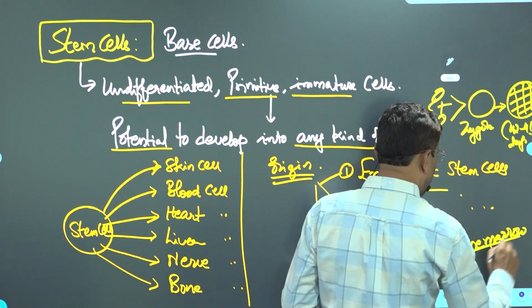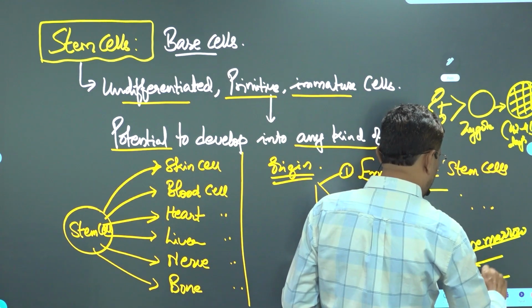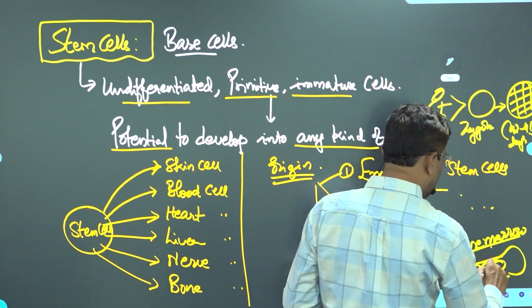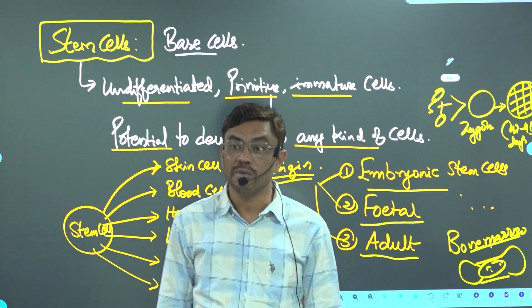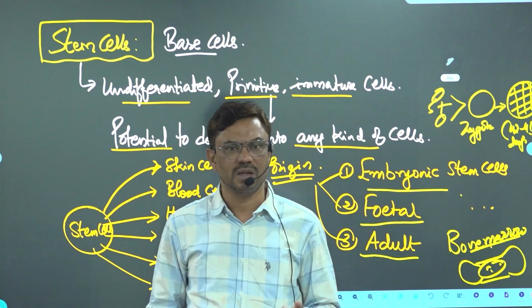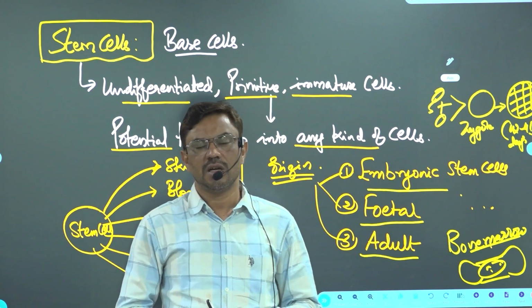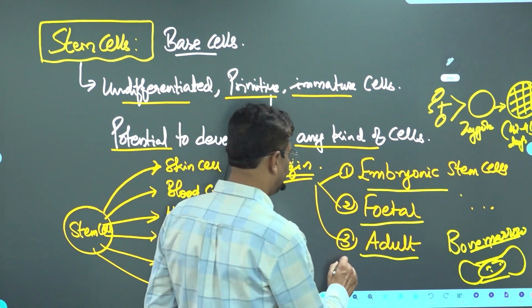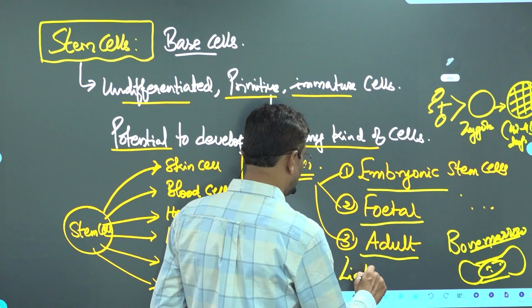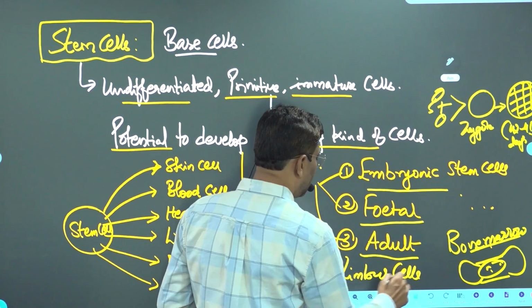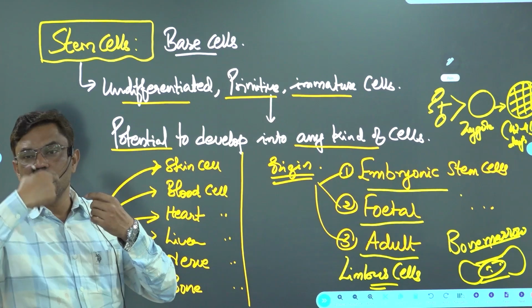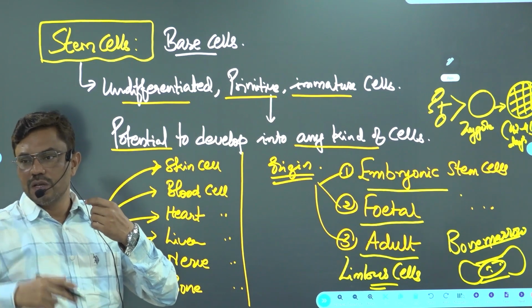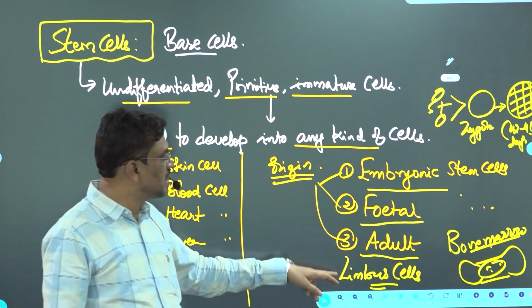In this bone marrow, a tissue is present, called bone marrow tissue. From this bone marrow tissue, some types of cells are formed like RBC, WBC, platelets, and also limbus system cells. Limbus cells are present in our buccal cavity, in our oral cavity, in the interior of the cheeks. These are called limbus system cells.